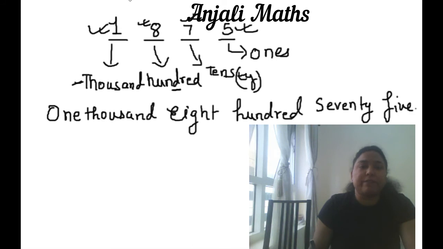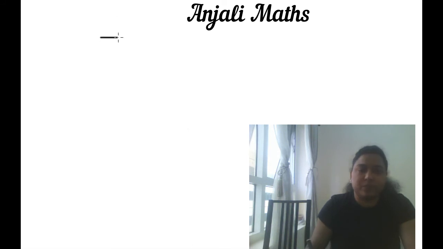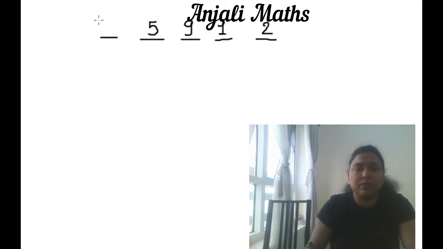Let's see 5-digit numbers. 1, 2, 3, 4, 5. 2, 1, 9, 5, 6.